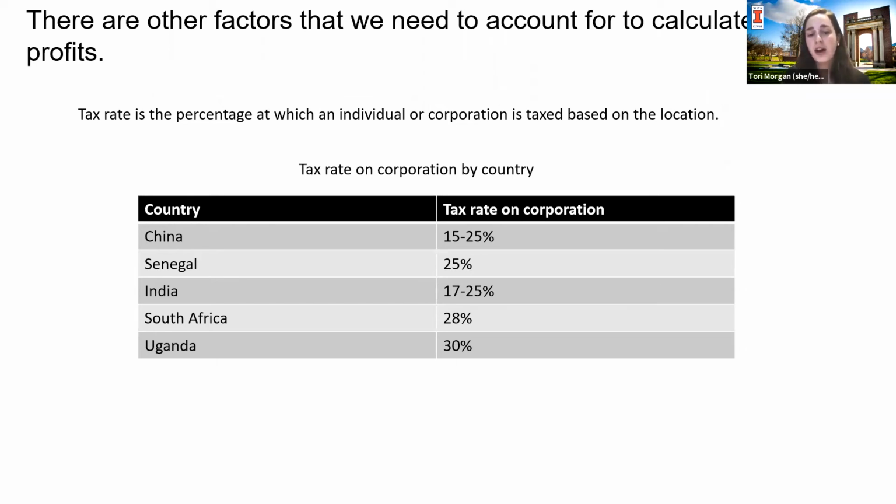You can see how some tax rates are a lot lower. For example, in China, it's as low as 15%, but can vary up to 25%. But in Uganda, the tax rate is 30% on corporations. So if you're looking at a specific area, you'll want to make sure that you take the tax rate for the location.